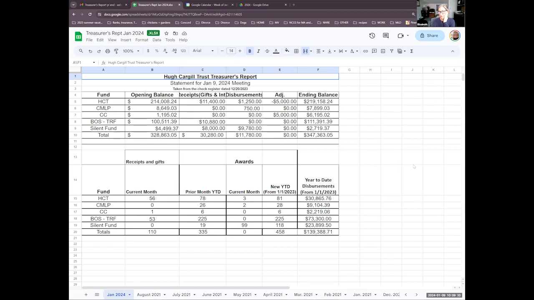Well, for the circuit breaker, yes, but for the property tax relief fund, it's just their assessed value. Yeah. We don't ask for any documentation, but we can see what their property value is.